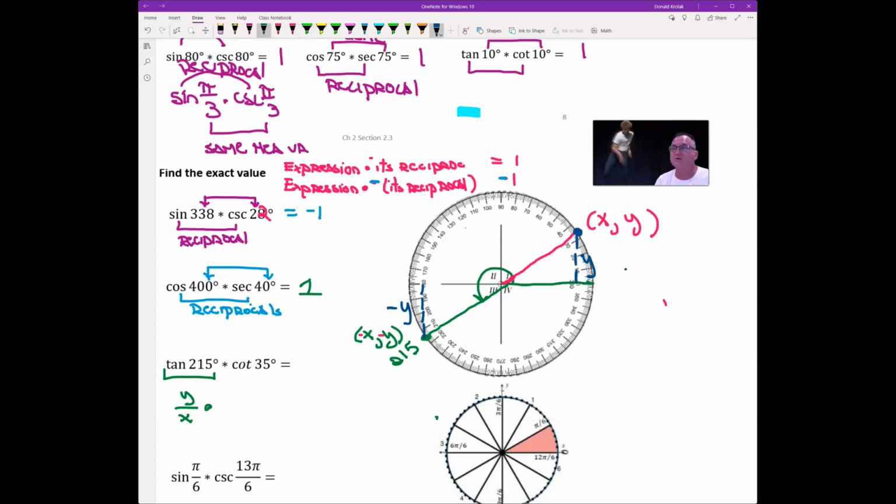Then the x coordinate, since it goes to the left, is going to be negative.